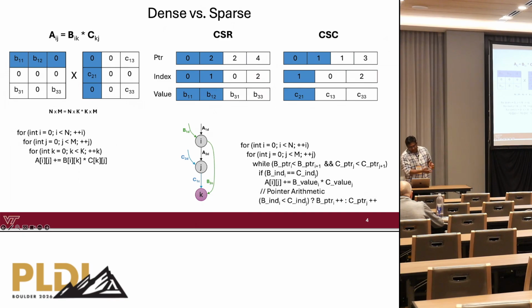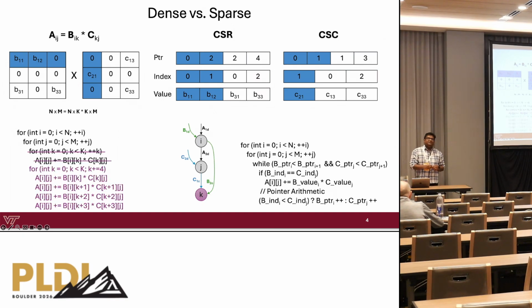Then you have to appropriately advance the pointers as well. So both of them are essentially doing the same computation, which is matrix-matrix multiplication, but the sparse matrix multiplication becomes much more complex.